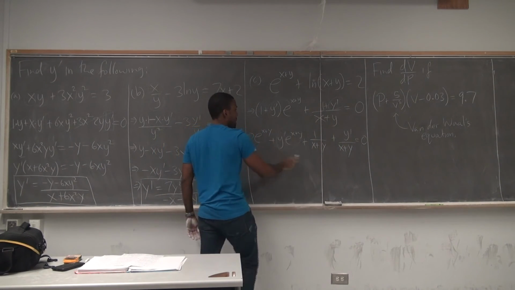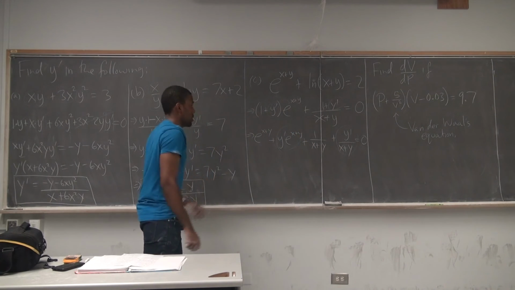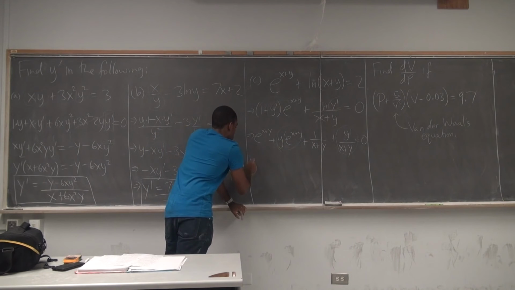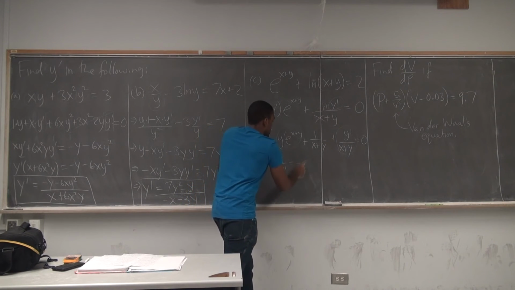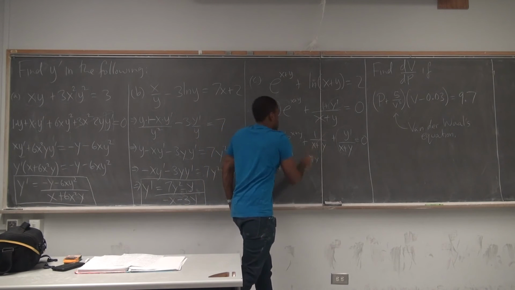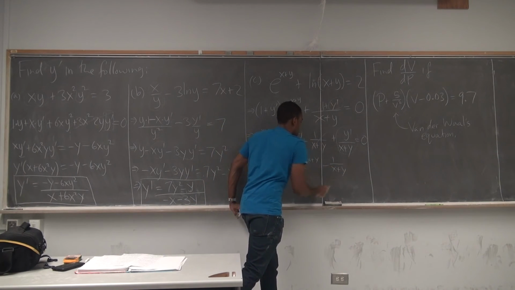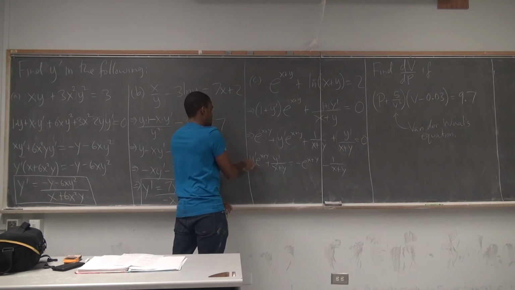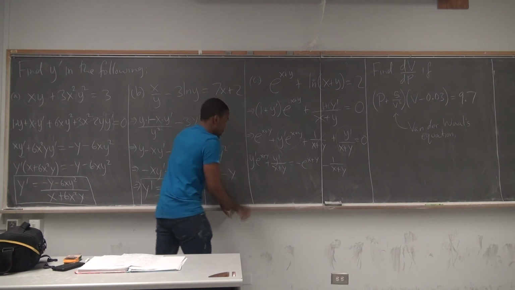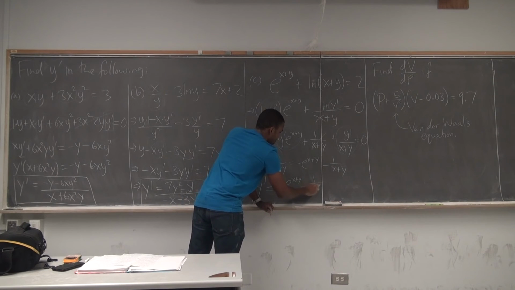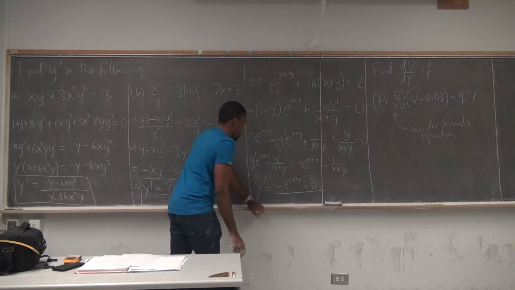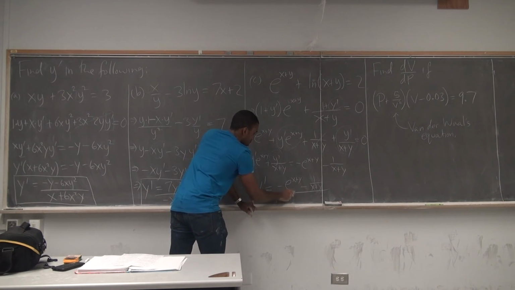And so now I've isolated the terms that have the y prime. So I can bring all the other guys to the other side. So I have y prime e to the x plus y plus y prime over x plus y equals, subtract this, subtract this, and then I can factor out a y prime and divide by what's left over. x minus e to the x plus y minus 1 over x plus y, divided by e to the x plus y.